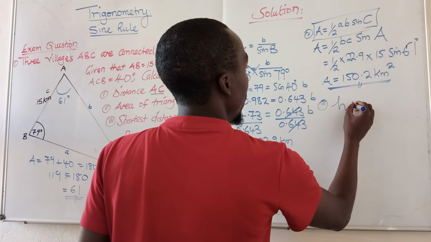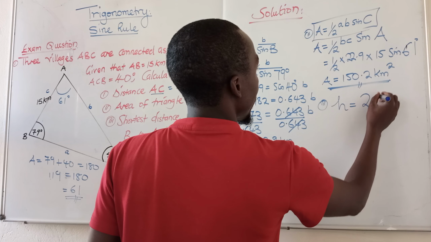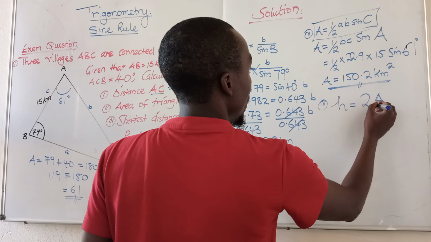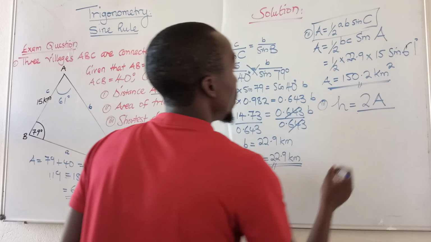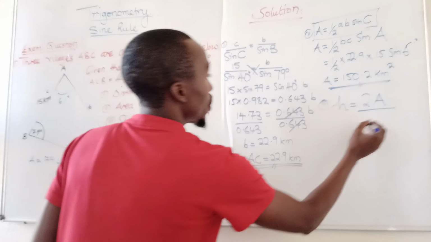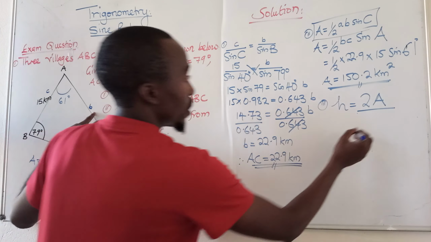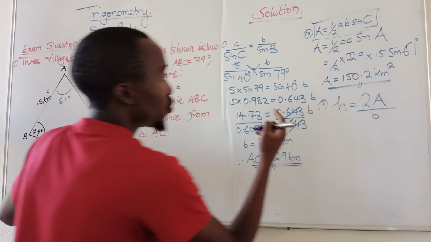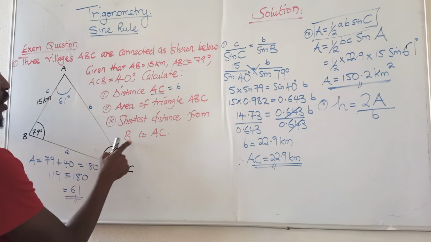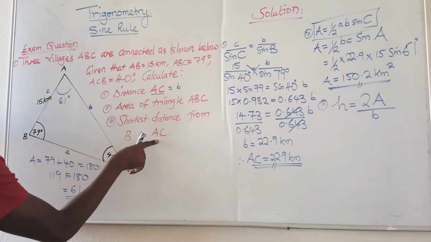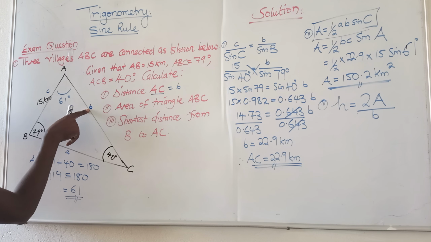H is equal to 2 times A, this A is for area, over what? Here we are going to say over B, because that's what you have been asked in the question: shortest distance from B to AC. And our AC is small letter b.